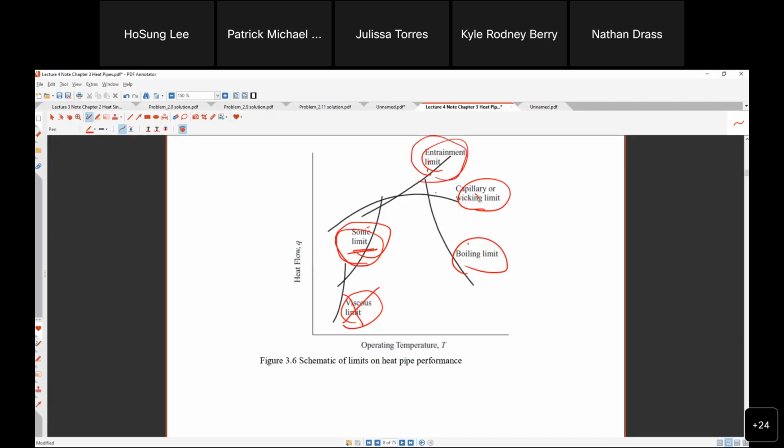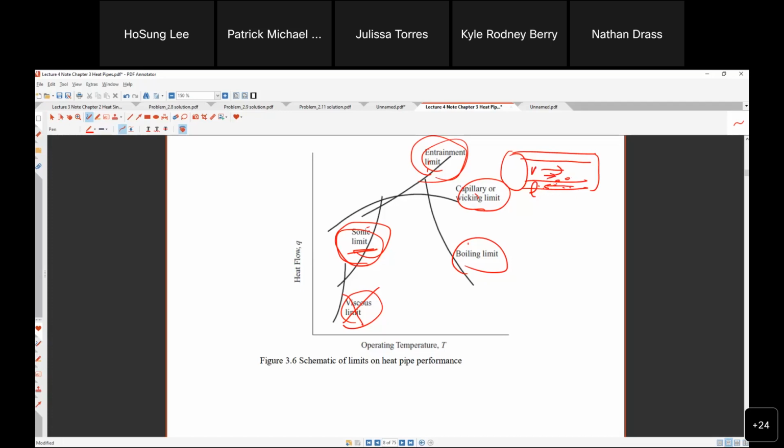Entrainment is, if you look at the flow, this is vapor, this is a weak liquid flow, so it's a counterflow. Look at that, vapor and the liquid, so entrainment might happen.